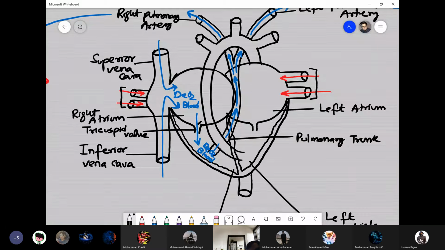Now these ones, they are called right pulmonary veins. Let me write properly so that you guys don't become confused later.